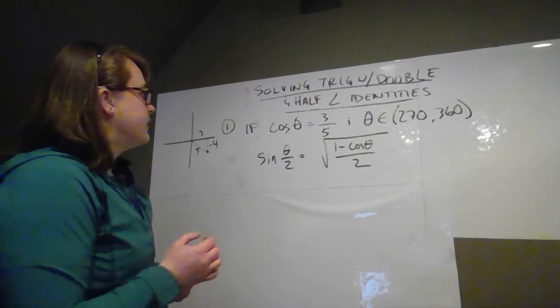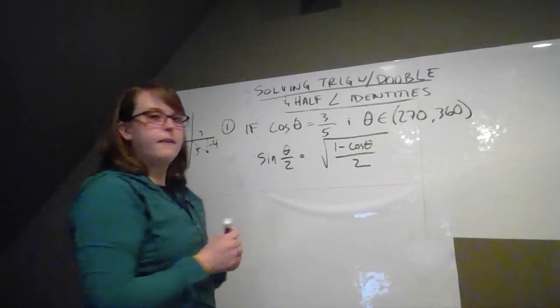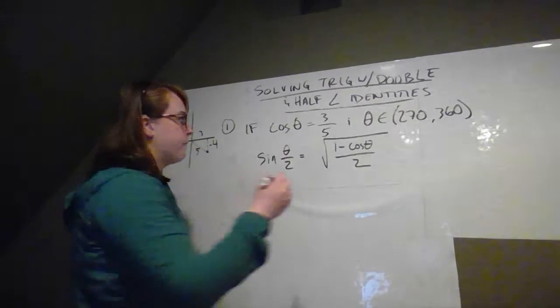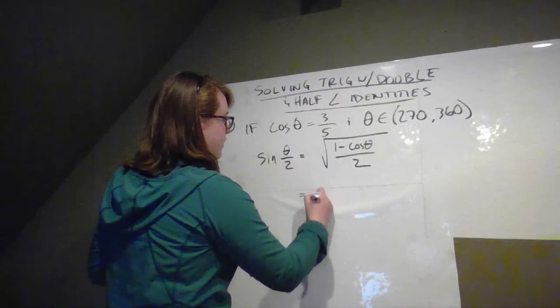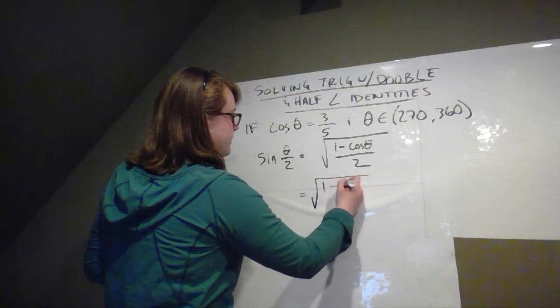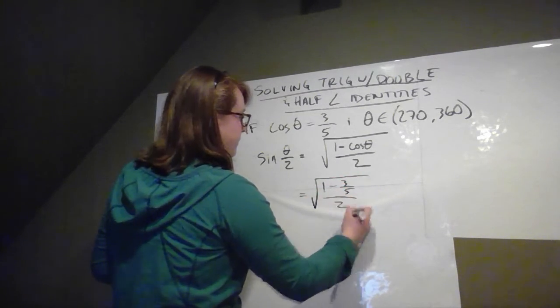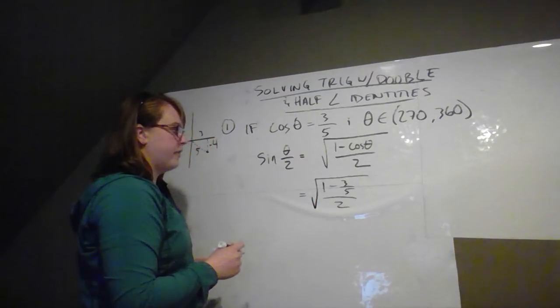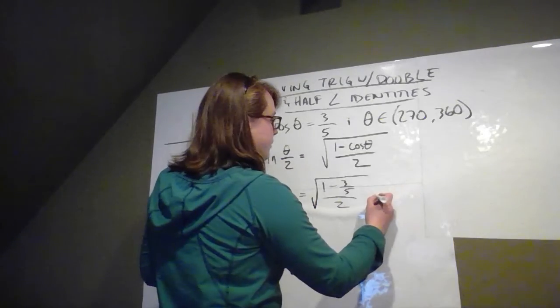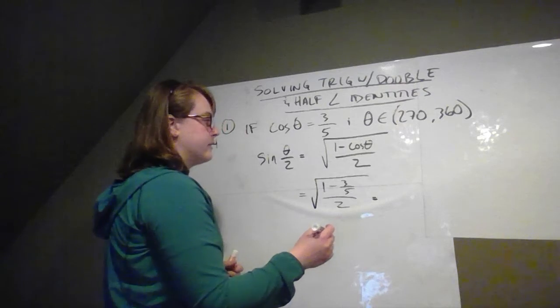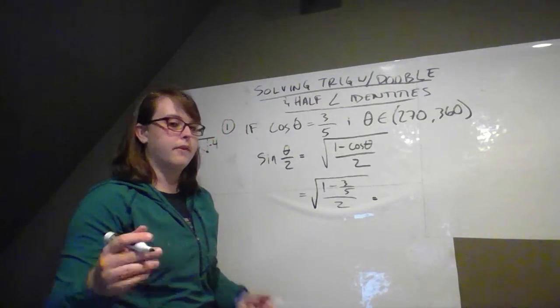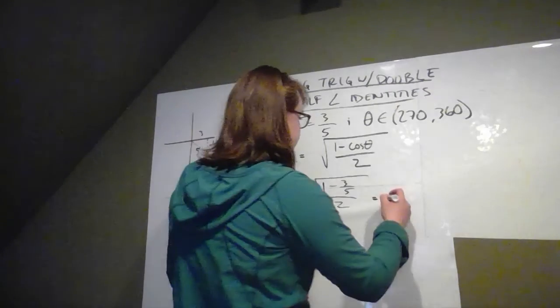Okay, so we know cosine is 3/5. Now all we have to do is plug and chug. 1 minus 3/5 over 2. 1 minus 3/5 is 2/5. 2/5 divided by 2 is 2/10 or 1/5, however you want to think about it. It's the same thing.